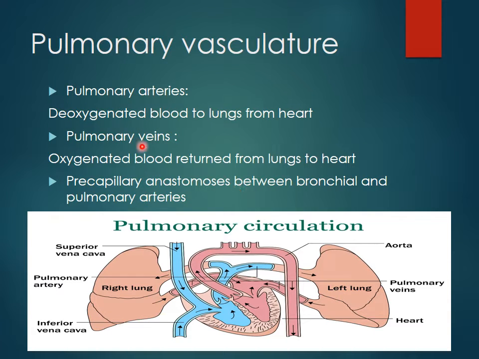As we have already discussed the bronchial arteries and veins, what about the pulmonary vasculature of the lungs? Basically, it is composed of pulmonary arteries and pulmonary veins, two pulmonary arteries and four pulmonary veins.